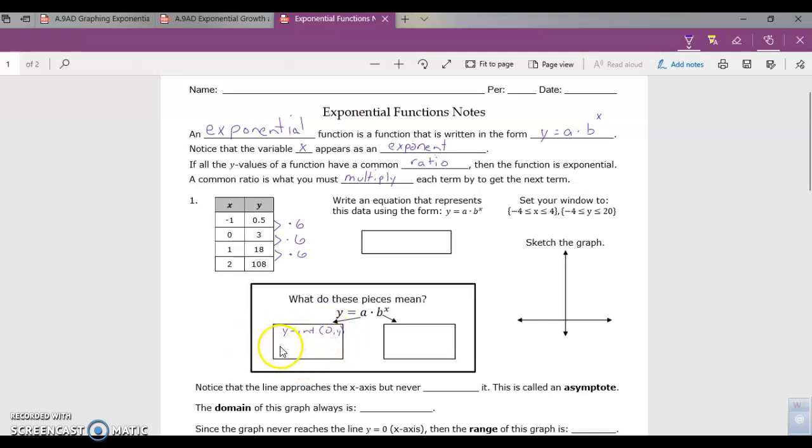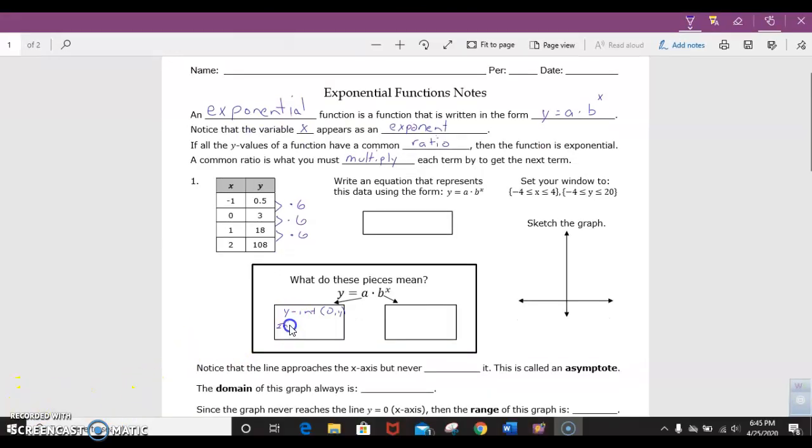This is what we also call the initial value. So it's our starting value.